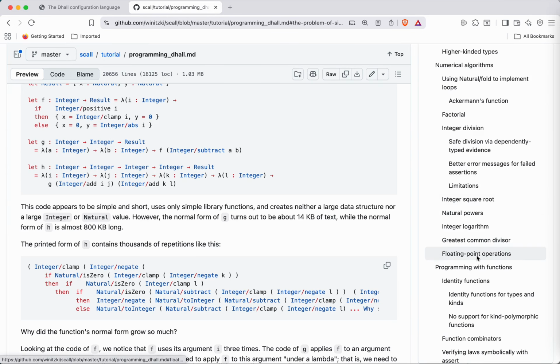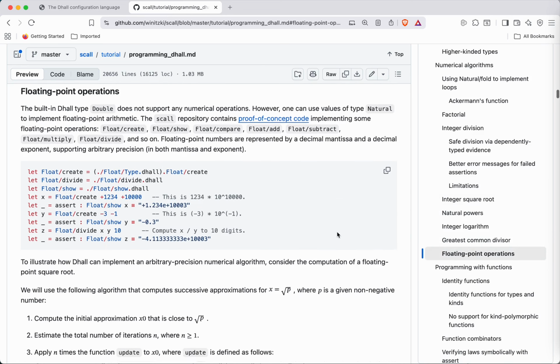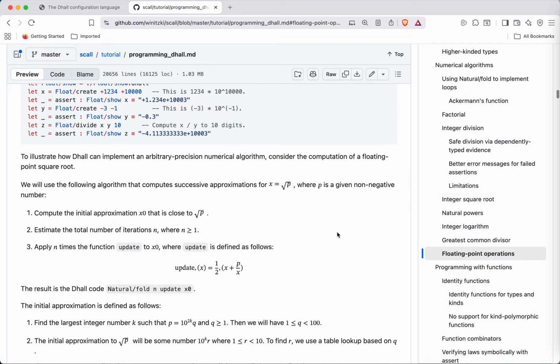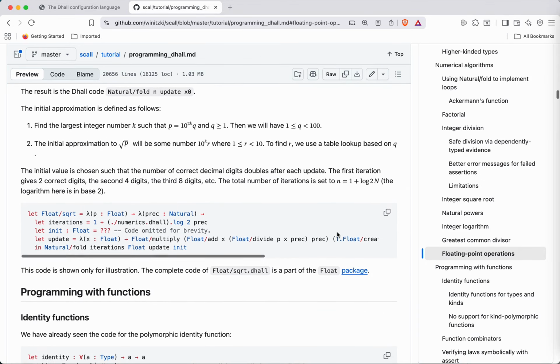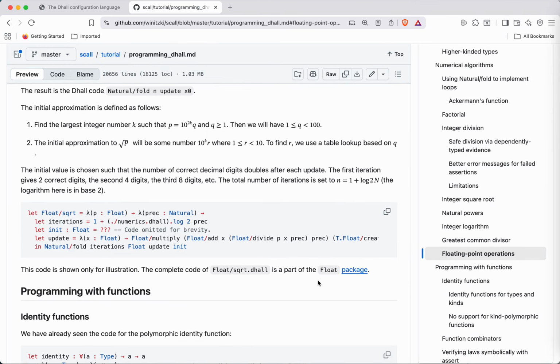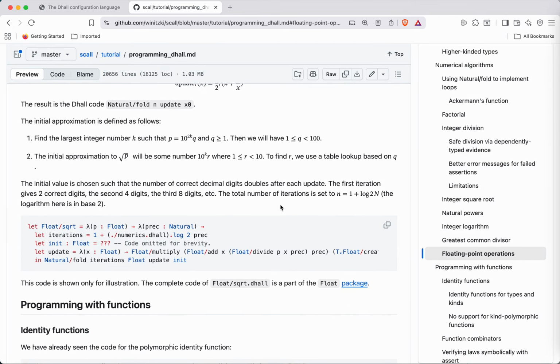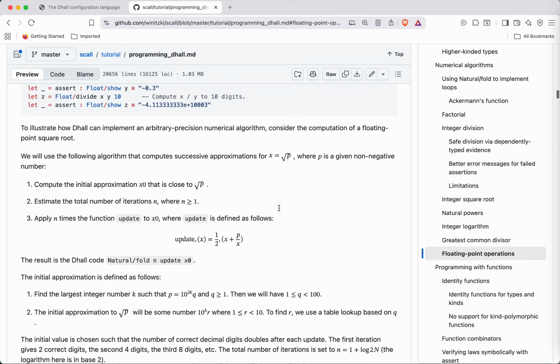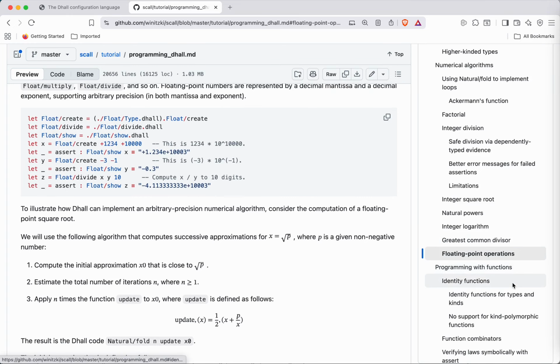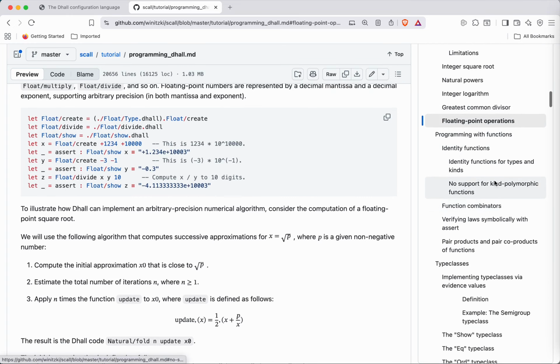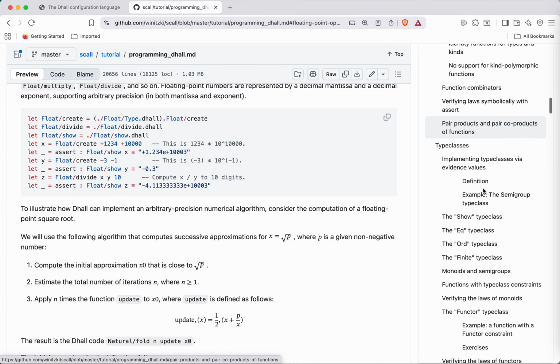You can have, for instance, I implemented floating point operations where I have arbitrary precision floats, and I can compute square root, or even I can compute arbitrary number of digits of the number pi if I want to. Certainly not a very efficient way, but this is not a question of efficiency. Here is a question of principle and how you organize the computations in this system F omega.